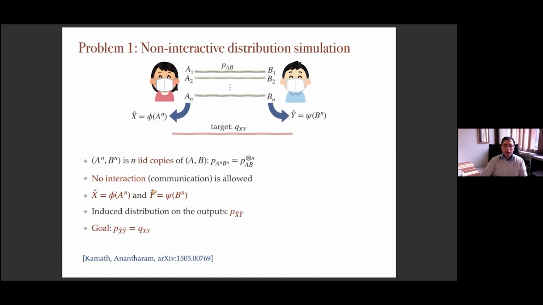Then they apply some local functions, this phi and psi, to generate X hat and Y hat. The goal is that the joint distribution between X hat and Y hat is equal to a target distribution, which is again fixed before the start of the protocol.